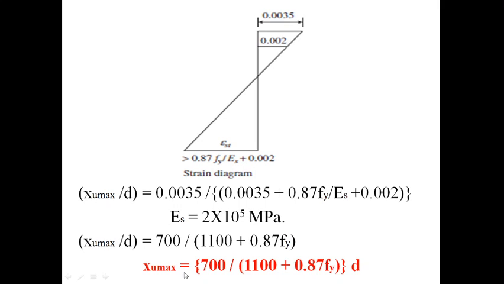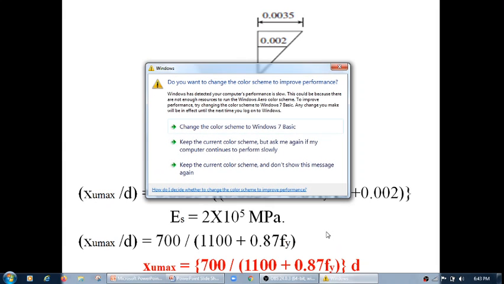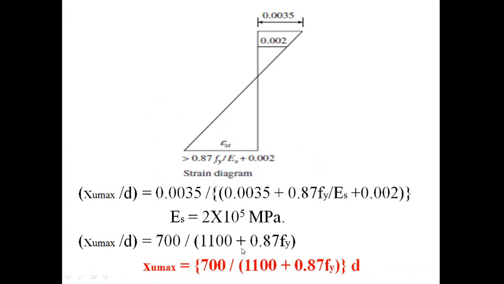Therefore Xu,max, the depth of neutral axis in case of a balanced section, is 700 upon 1100 plus 0.87 Fy, the whole multiplied by d. That means by putting the value of Fy, the grade of steel, maybe Fe415, Fe500 or Fe550, that is any HYSD steel, we can obtain the depth of balanced neutral axis in terms of effective depth.